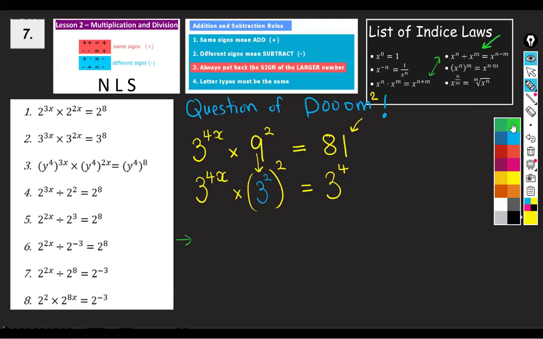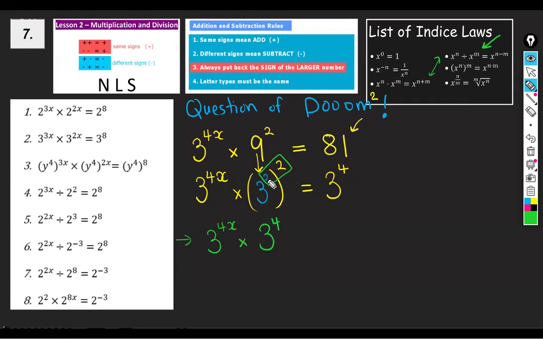These 2 powers are separated by brackets. And we know what to do when powers are separated by brackets. We multiply. So we get 3 to the power 4x multiplied by 3 to the power 4, 2 multiplied by 2 is 4, is equal to 3 to the power 4.